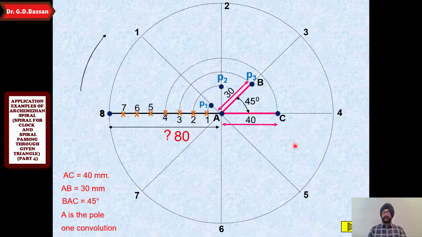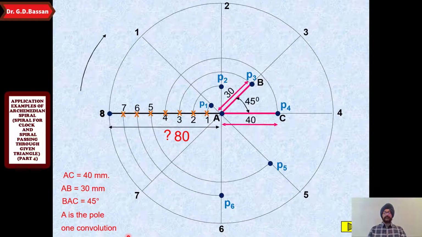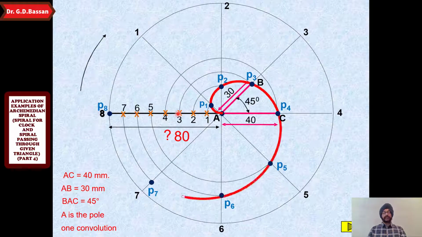Fourth will coincide with C1. Then from fifth we get P5. On the sixth line, A6, we get P6. From A to 7 we get P7, and last will be our P8 point. Join all these points with a smooth curve, and we get the Archimedes spiral. So this is how we find the Archimedes spiral for this particular example.